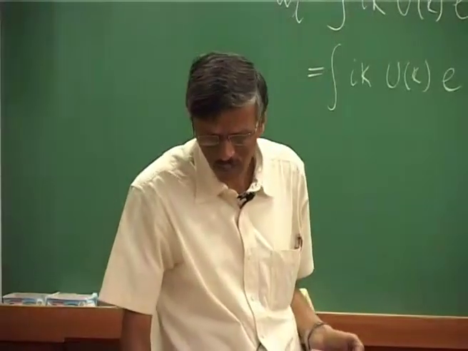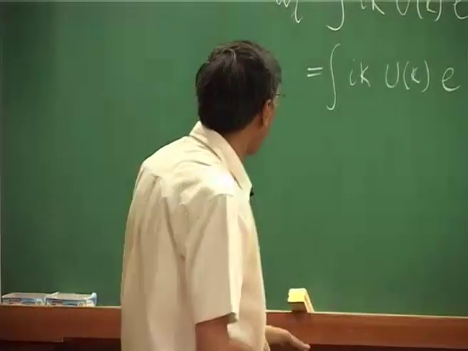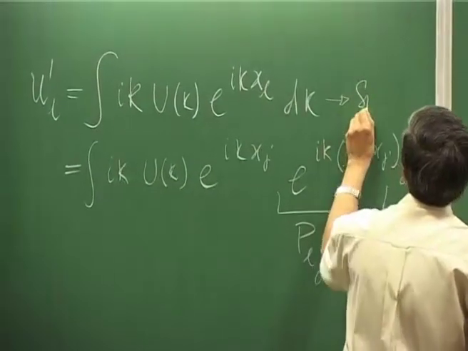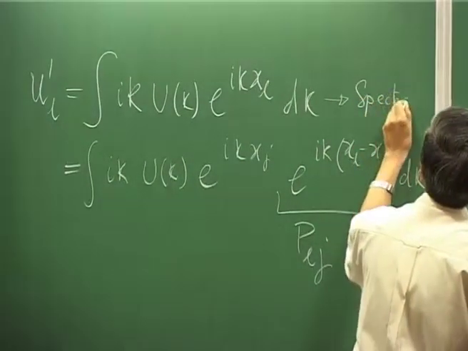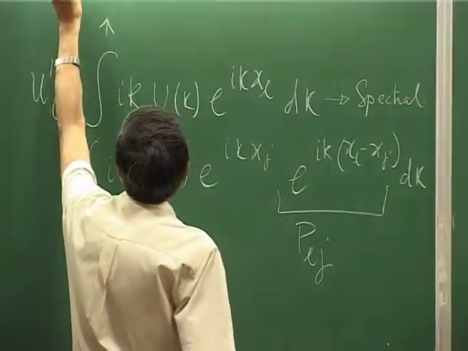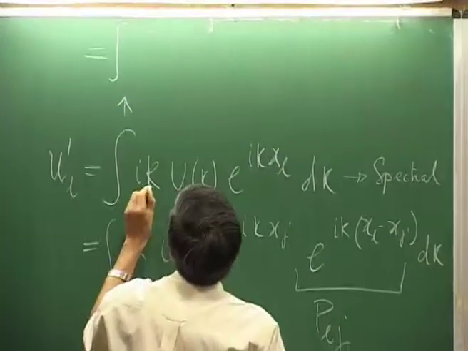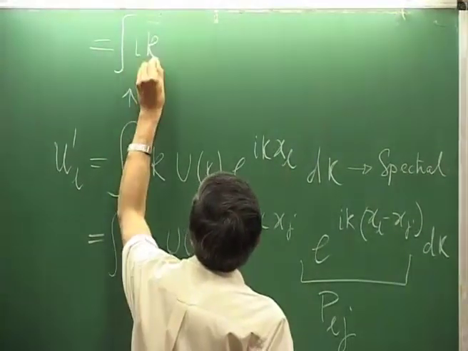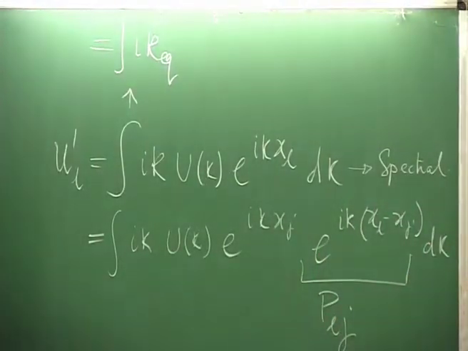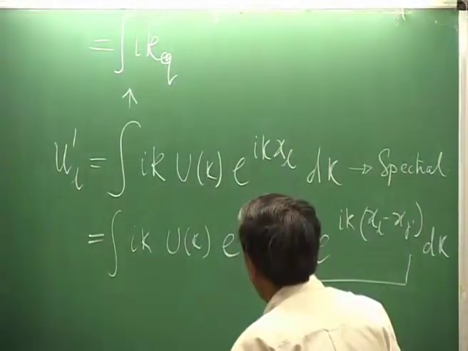So having obtained this, now what happens if this is my spectral representation? What we have done in a computational sense, we would have done it like this. Instead of i k, we would have obtained some i k equivalent. We know now how to calculate i k equivalent. I will show you here also.